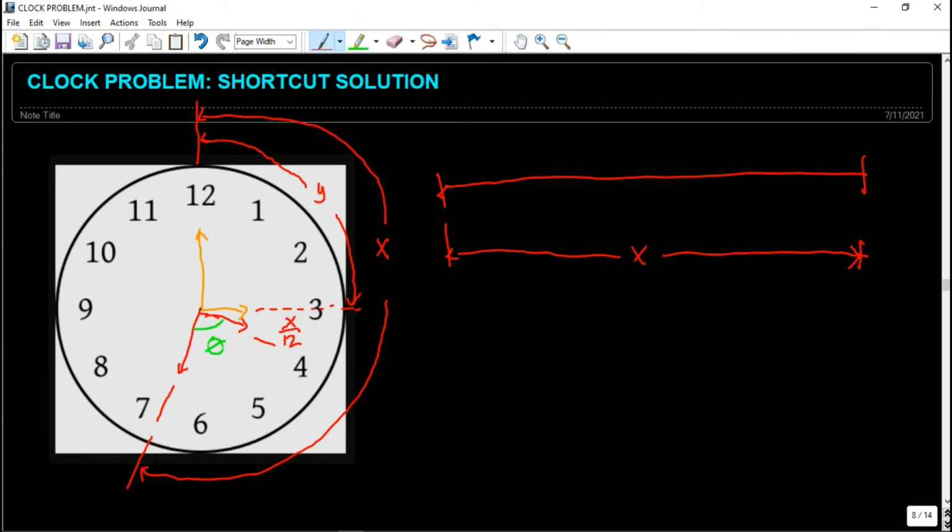So, kailan daw magiging perpendicular after 3 o'clock. So, given yung etong y na to. So, let's say hindi siya variable, it's a constant. So, therefore, etong x, etong kabuuan na x is just equal to that constant na given sa problem. Okay, let's say y. Okay, y. Etong distance na to, this arc length here, y. Plus x/12. Okay, etong distance na to, say x/12.